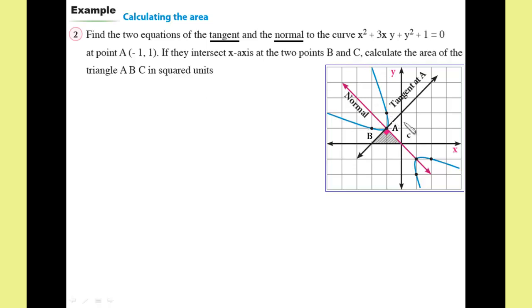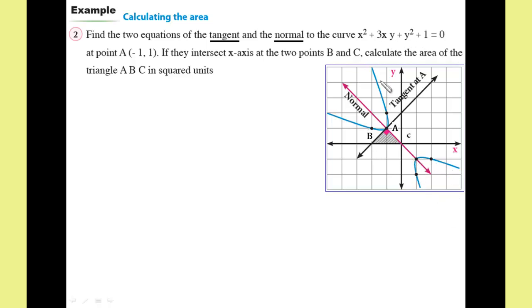In the figure here, the figure is not required, but we draw it to explain how to solve the problem. If you use the GeoGebra program or any application on your mobile, these two curves represent the equation of this curve, x squared plus 3xy plus y squared plus 1 equals 0.